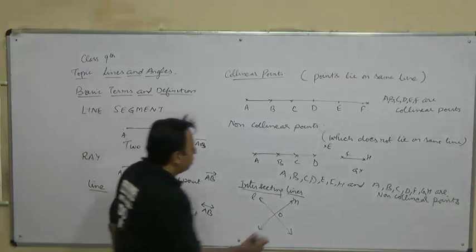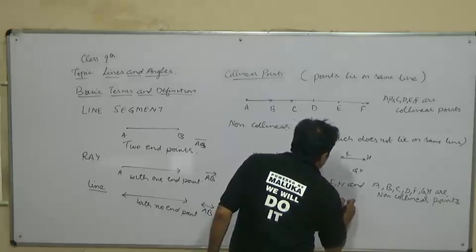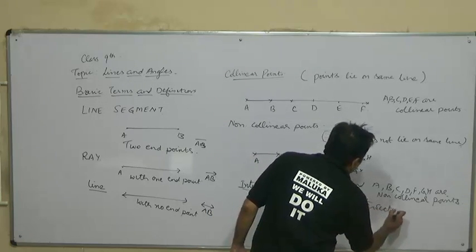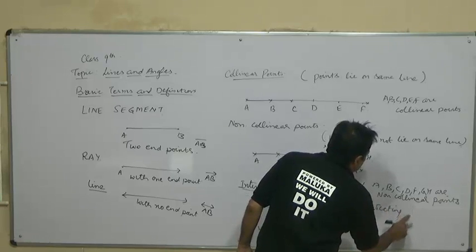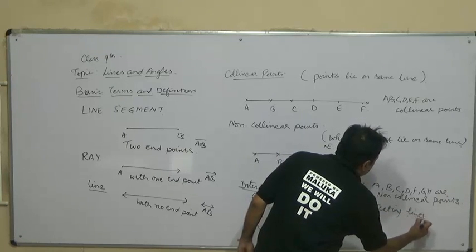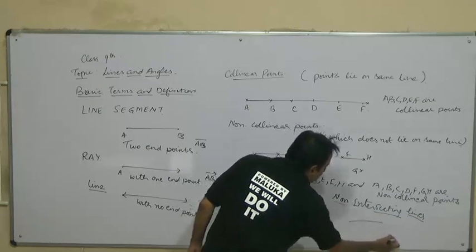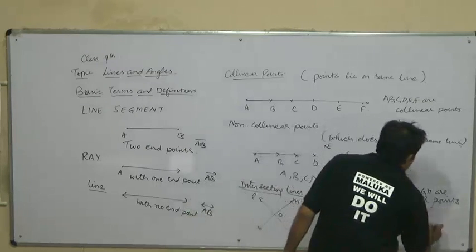Then we have got non-intersecting lines. What are non-intersecting lines? These are the lines which are not intersecting, rather than we can say these are parallel lines.